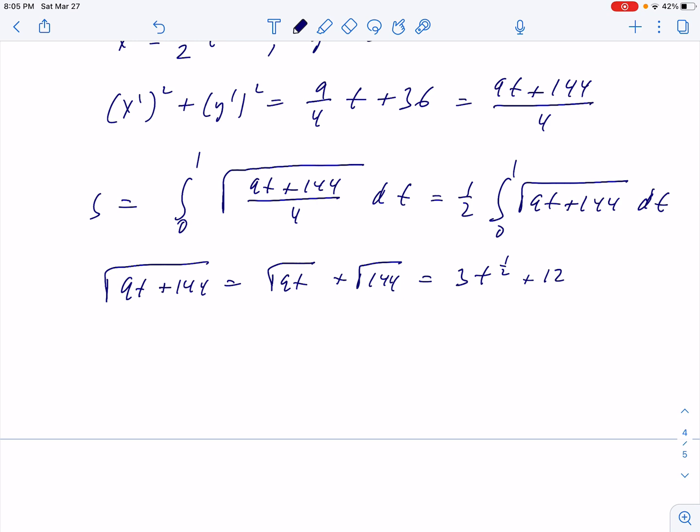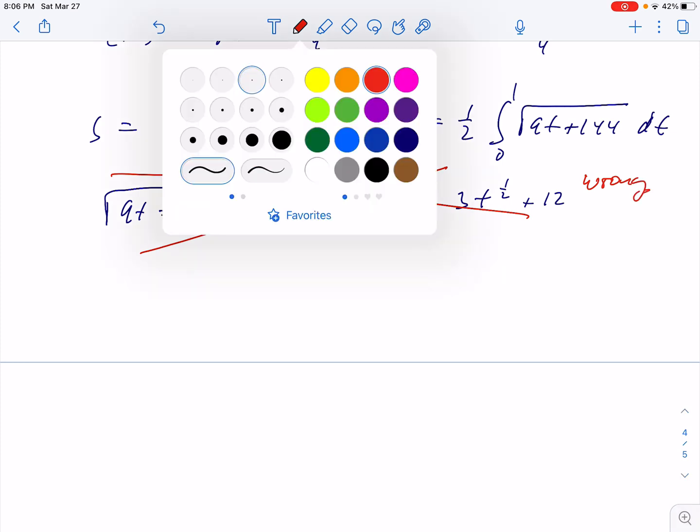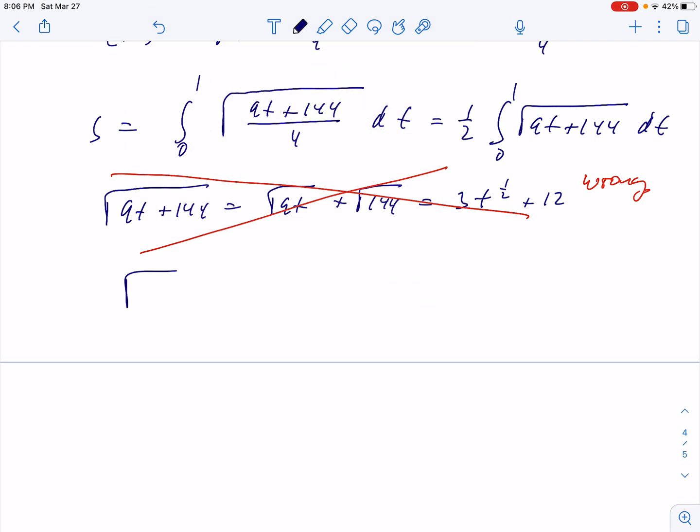Okay, if you feel nervous about this, you have good reason. This is not correct. You cannot do such things. You cannot break radicals like that. Don't do that. If you have the square root of a squared plus b squared, this is not the square root of a squared plus the square root of b squared, which would be a plus b.